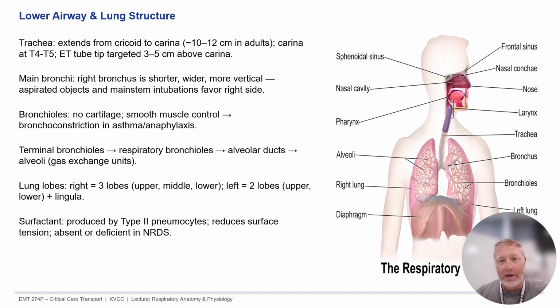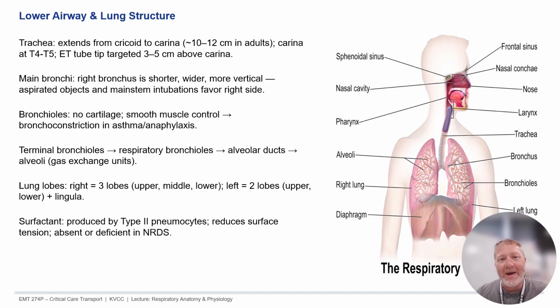Beyond the main bronchi, the airways branch through the bronchial tree. We have lobar, segmental, subsegmental, and so on, becoming smaller with each generation until they reach the terminal bronchioles, and finally the respiratory bronchioles and the alveolar ducts. It's estimated that adult lungs have somewhere in the ballpark of 300 to 500 million alveoli.